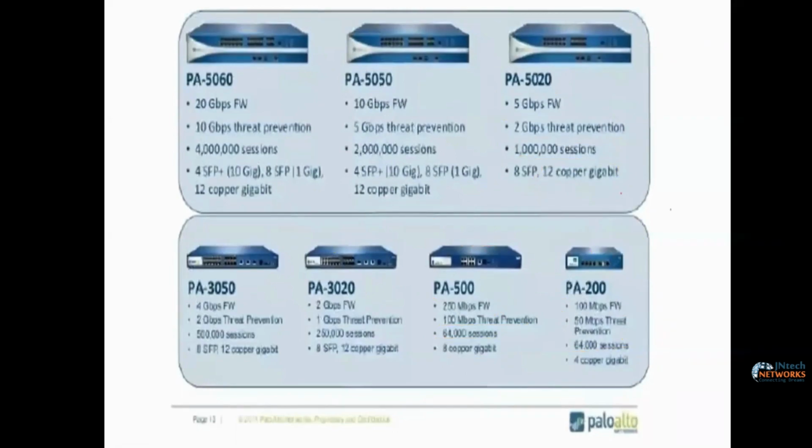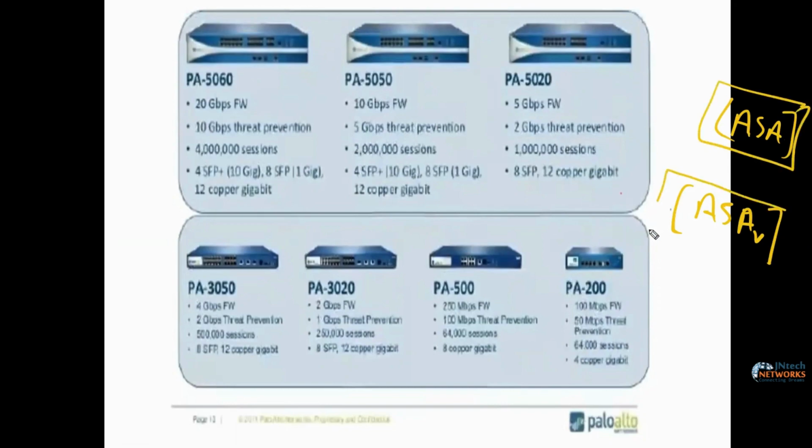Like other vendors, for example in Cisco, we have Cisco ASA and ASA with a small v. In ASA, either you can go with the physical box or you can go with the VM firewall box. ASA with a small v is a complete firewall, everyone.